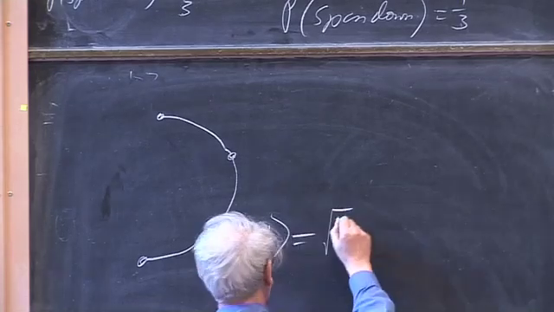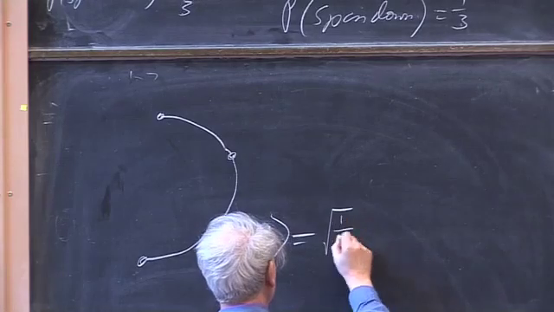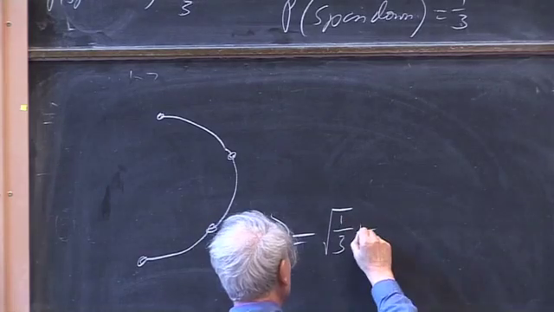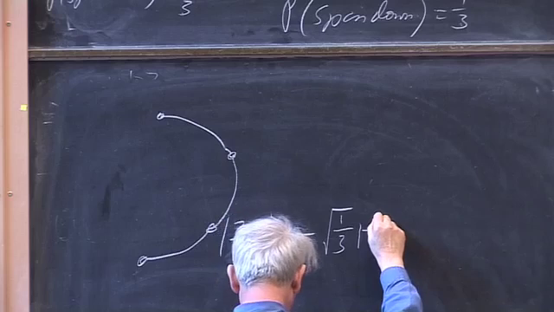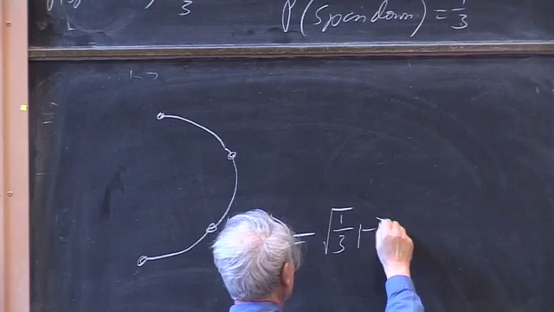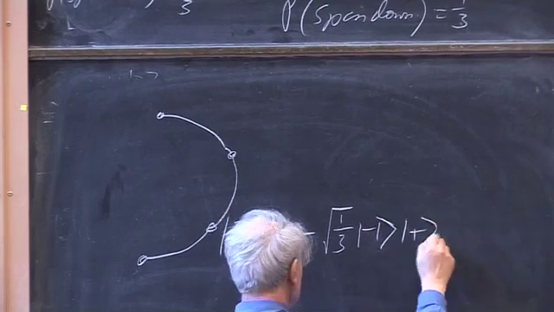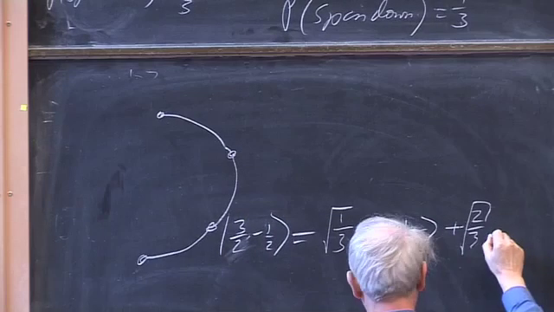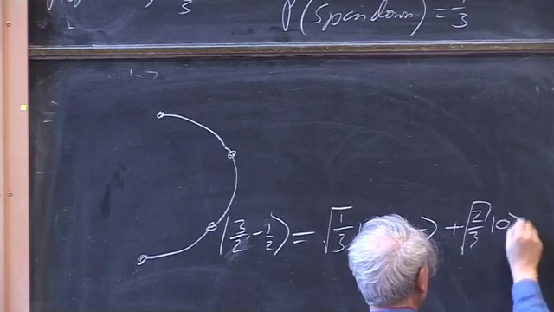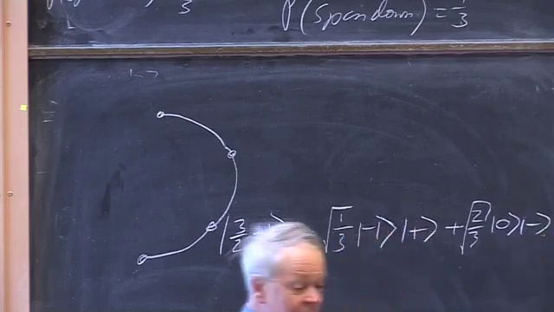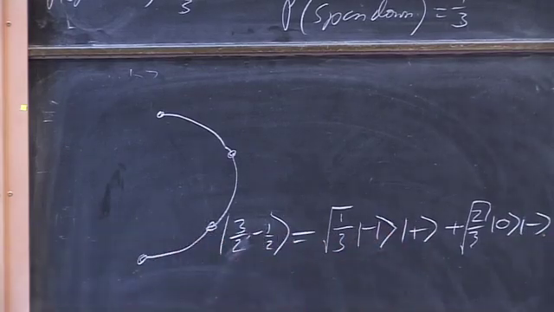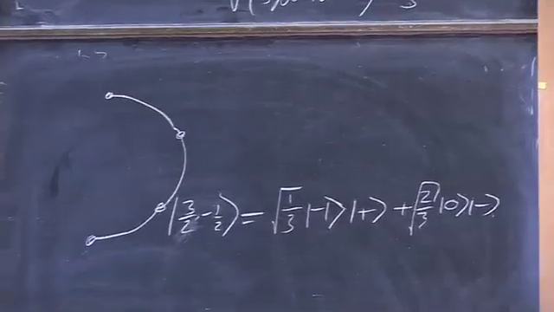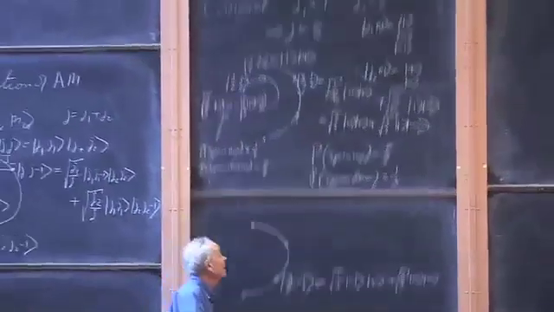It's going to be, well, it's actually obvious, 1 over 3 of |−1, +⟩ plus root 2/3 of |0, −⟩. Now, it should be this because there should be symmetry between the plus, this state down here, physically.